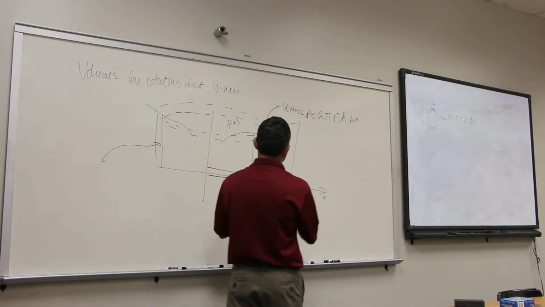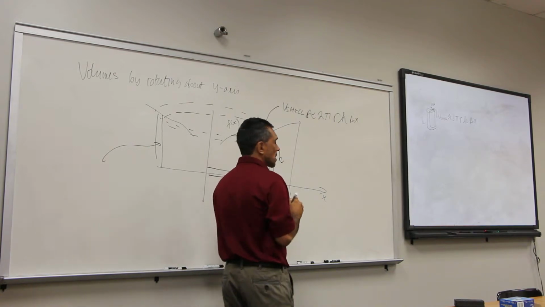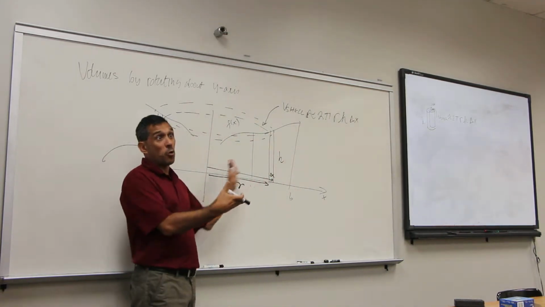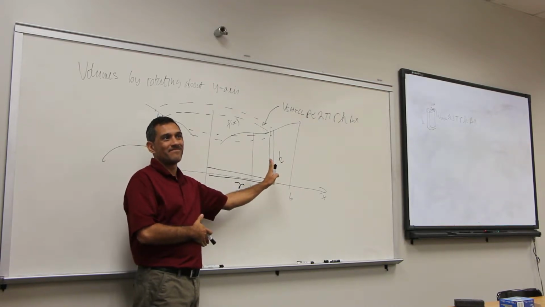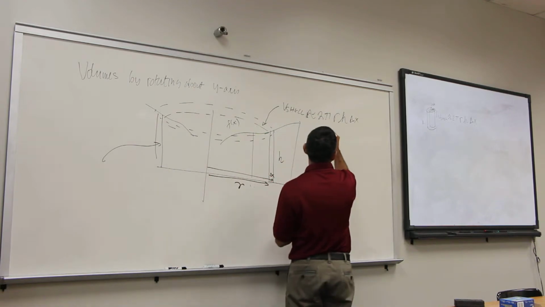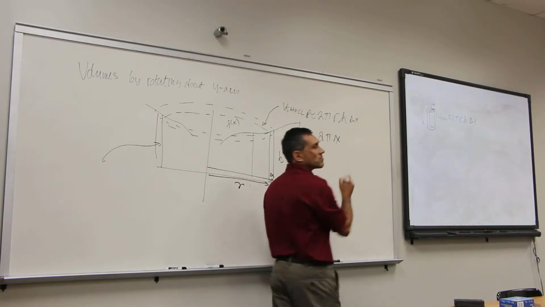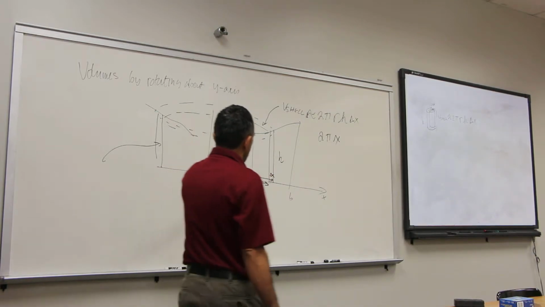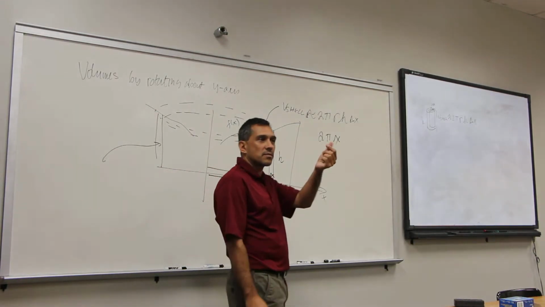This is the height. What is the radius? It is where you are, x. And of course, this is delta x being the thickness, kind of small.